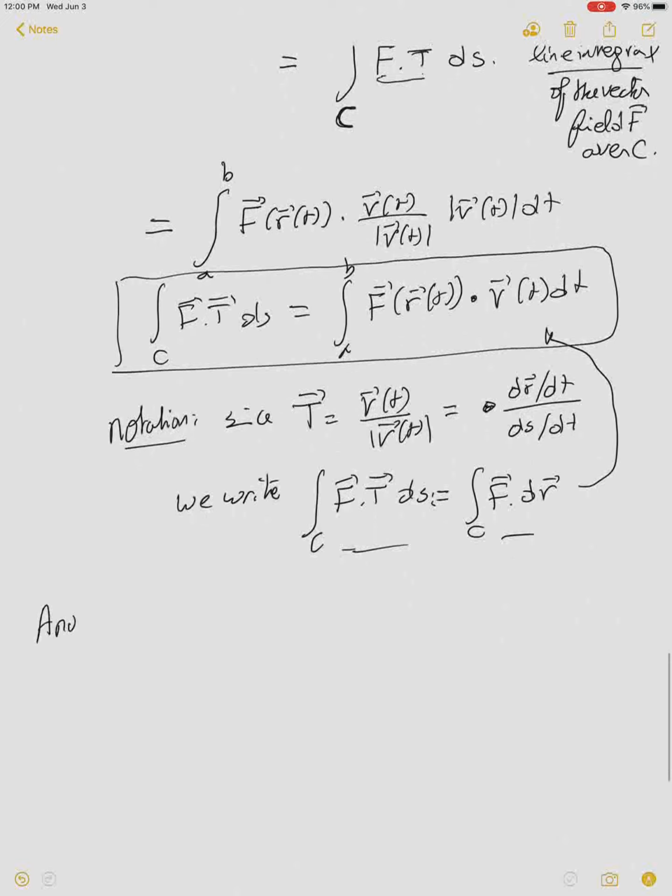Now another notation, which is called the differential form notation.